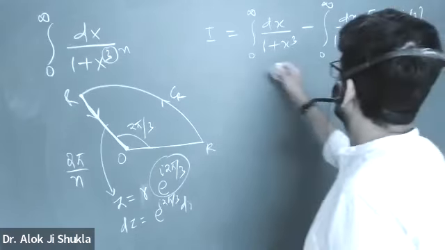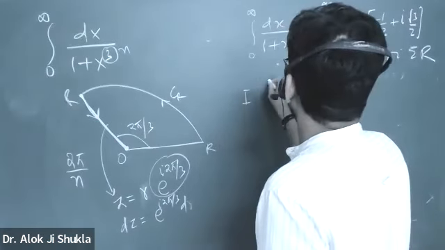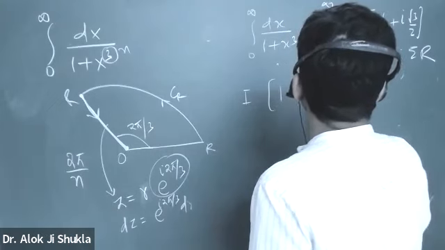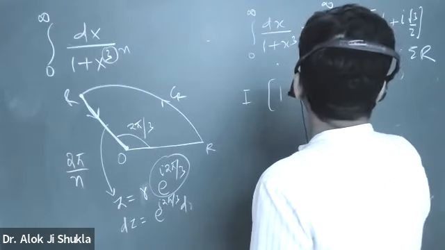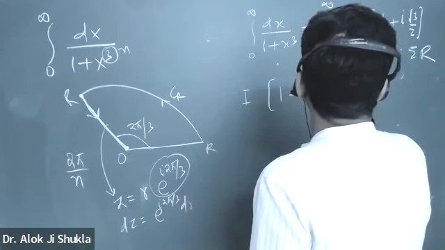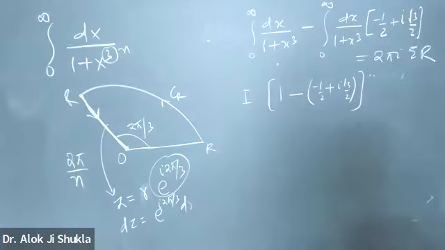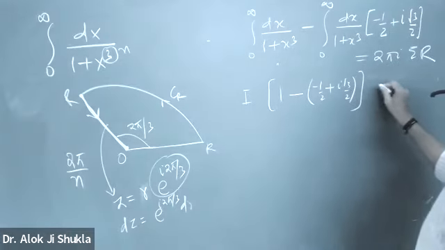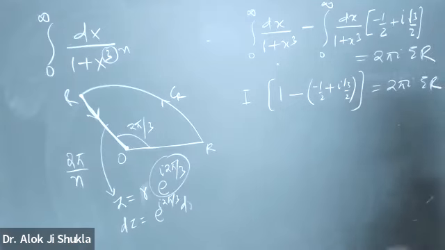So we have to calculate this integration. Let us take it as I. It is 1 minus this one, minus half plus i root 3 by 2, correct? This is equal to 2 pi i sum of residue.